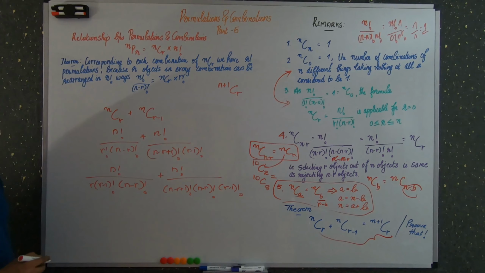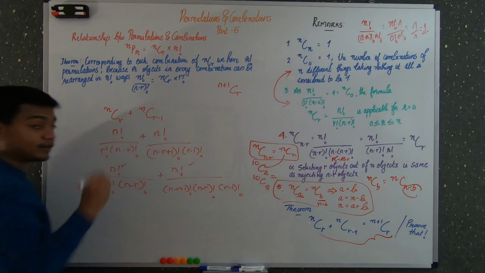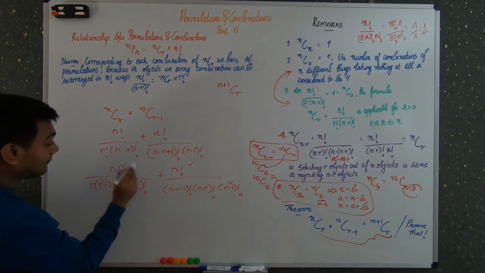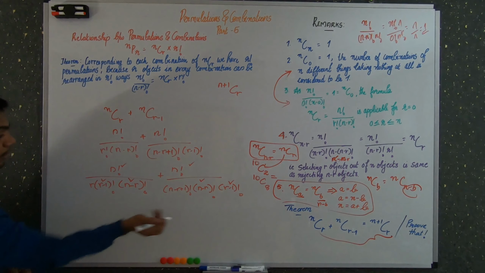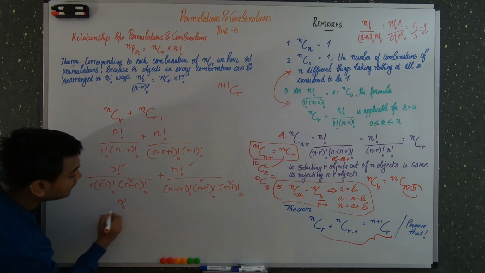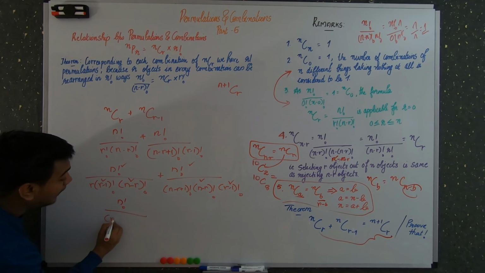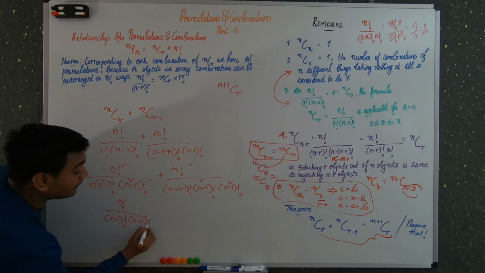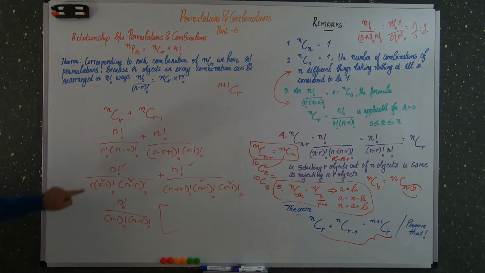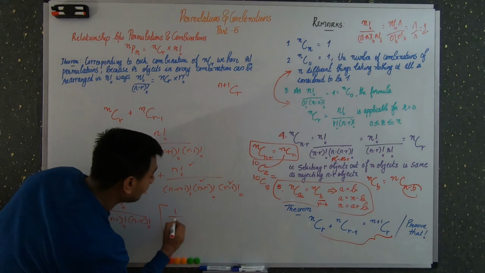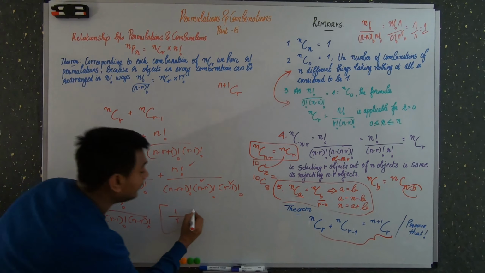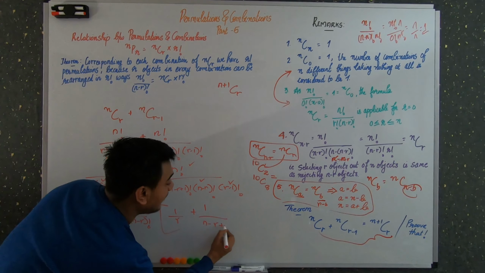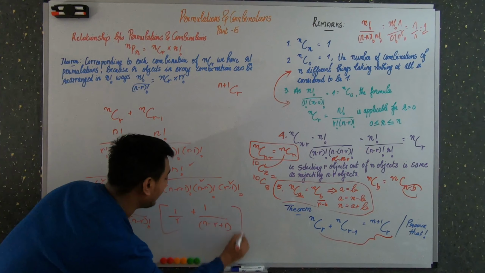So what are the common terms? n factorial is common to both sides, and (r minus 1) factorial is common. Again, (n minus r) factorial is also common. So I'm taking all these common terms outside. So n factorial, (r minus 1) factorial, (n minus r) factorial are common. So what is left here? 1 by r. And what is left here? 1 by (n minus r plus 1) is left here, right?